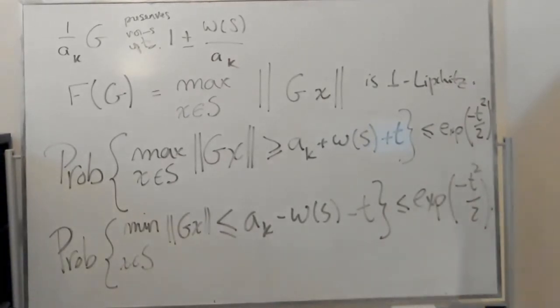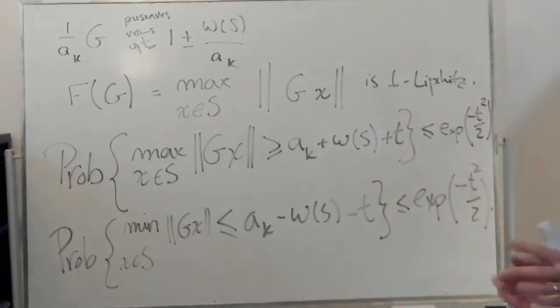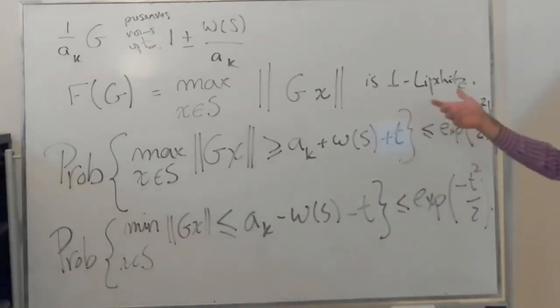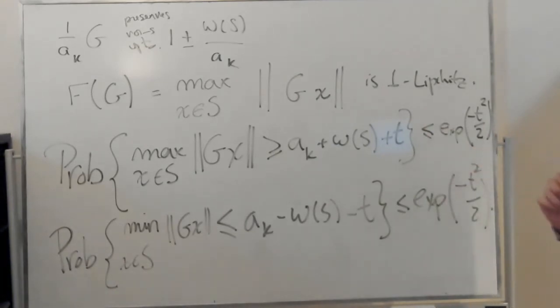So now we get tail bounds for the deviations. So now we can use these to say that with very high probability, we just have to renormalize this, most norms are actually kept. Okay, so let me now write that statement.